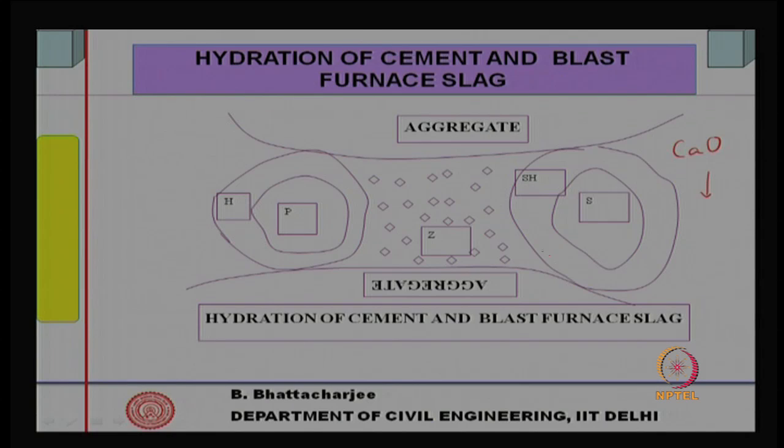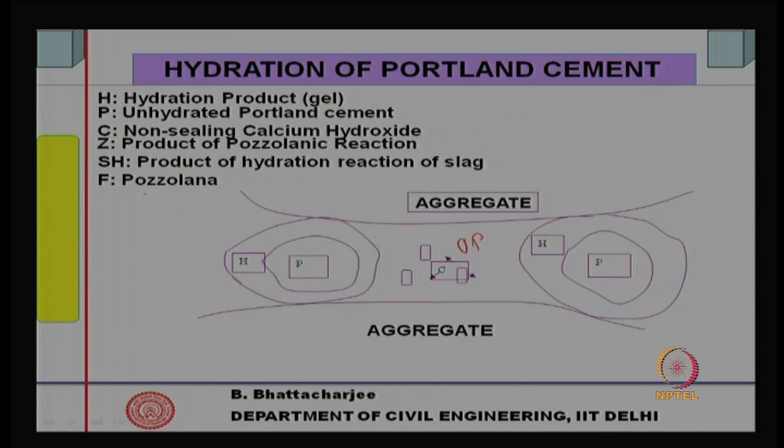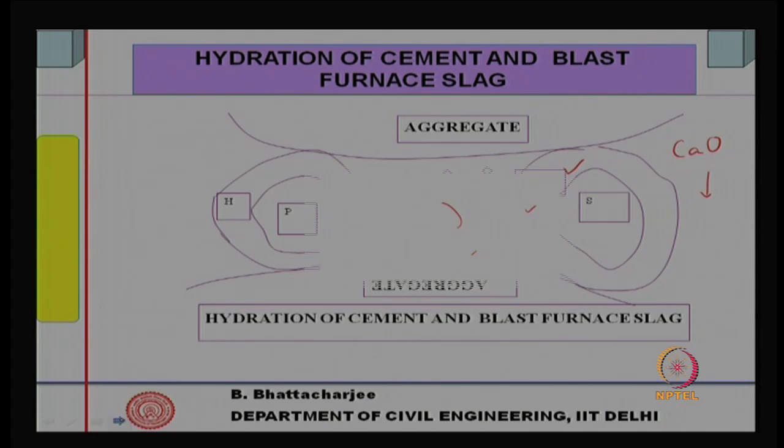So, slag can also hydrate, and the hydration product of slag is here, and because it has got excess silica, this can react with the calcium hydroxide that was there originally, and produce Z, which is pozzolanic material. We said that Z is nothing but the product of pozzolanic reaction. Since it is more CSH gel and not calcium hydroxide, which is a non-sealing precipitate and does not have bonding capacity, but CSH gel has.